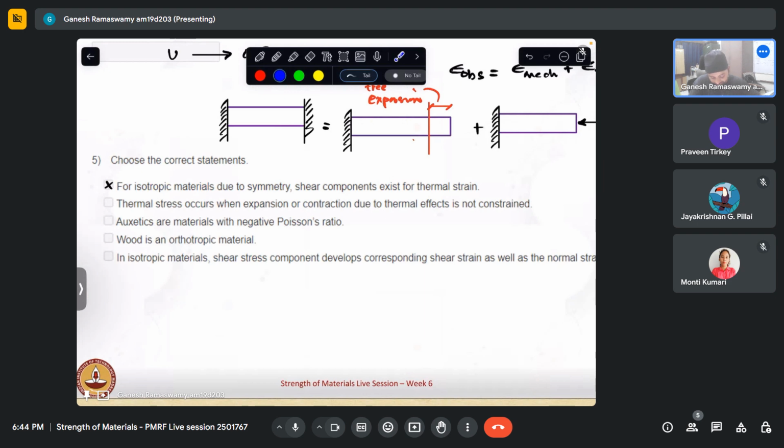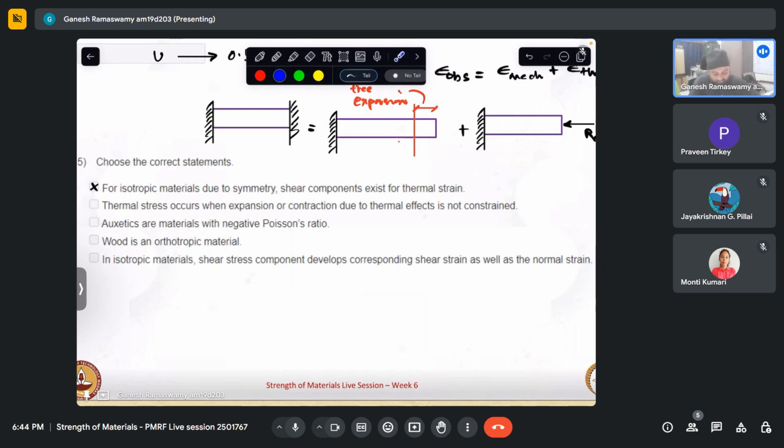So thermal stresses occur when the expansion or contraction due to the thermal effects is not constrained. I'm sorry, I said it wrongly. When it is constrained, only then it will come about. Otherwise, we will have a case of strain without any mechanical stresses.